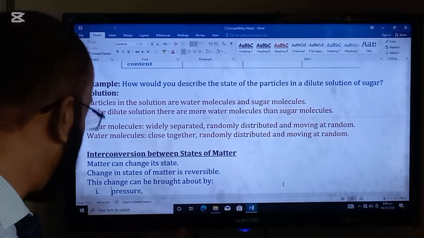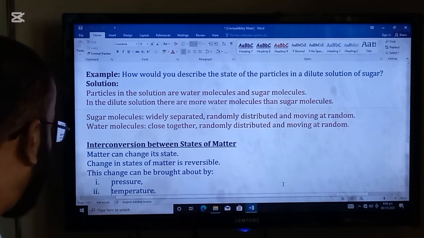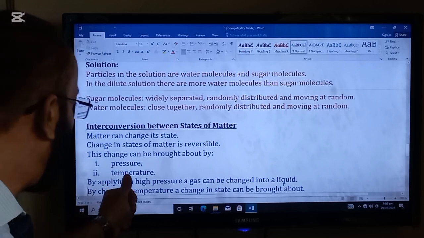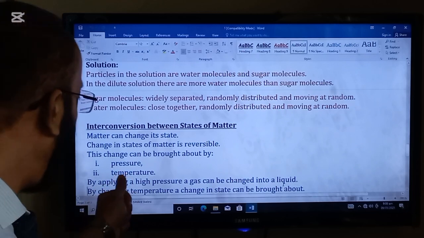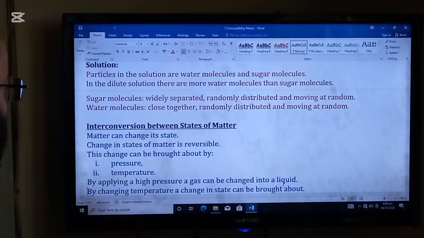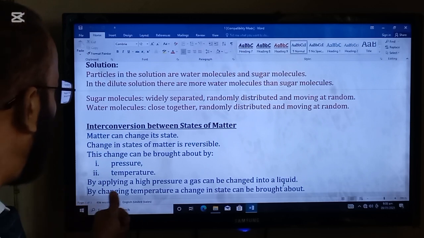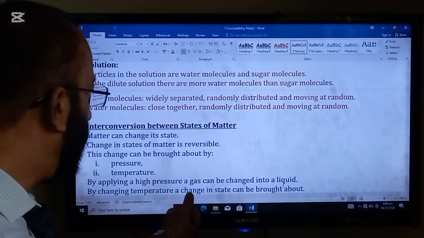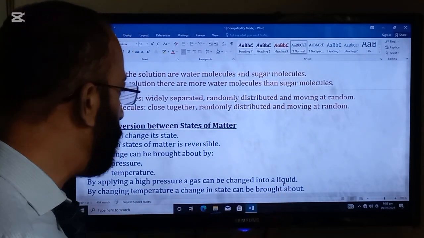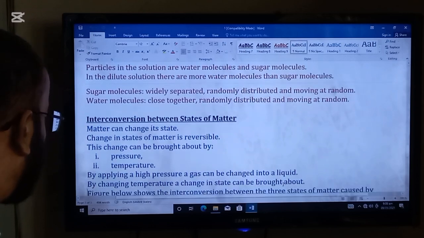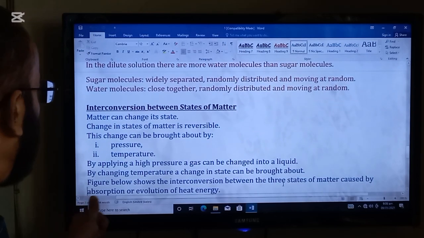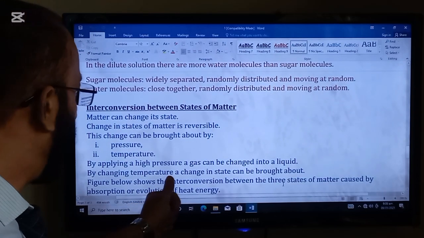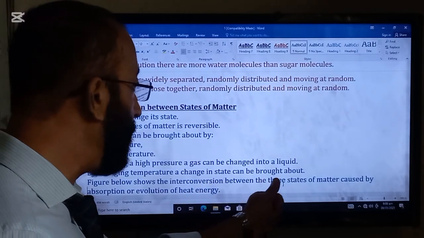This change can be brought about by pressure and temperature. By applying a high pressure, a gas can be changed into a liquid. By changing temperature, a change in state can be brought about.